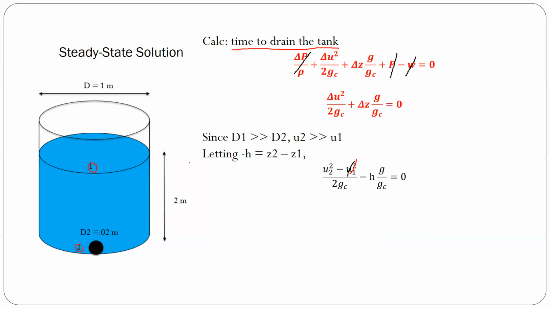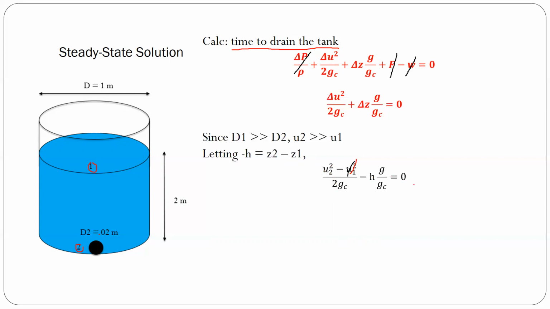Okay, so let's first use, instead of negative 2, let's just say negative h so that we can just plug in the values later. Okay, so that will become, na-cancel natin to, U2 squared na lang ang natitira over 2gc. Plus delta Z g/gc, delta Z, which is Z2 minus Z1, we named that already to be negative h equals 0.